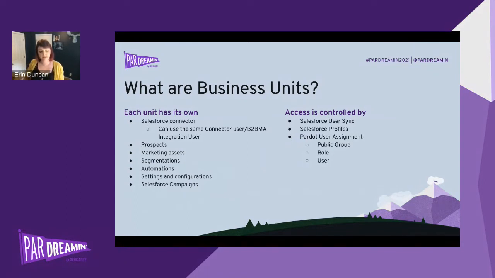The Salesforce connectors can use the same connector user, or they can all use B2B MA integration user, but each PBU will have its own connector, its own settings. They can be paused separately. They'll all function separately. Each business unit also has its own prospects, marketing assets, automation rules, settings, Salesforce campaigns. I mean, it's pretty much its own Pardot database.